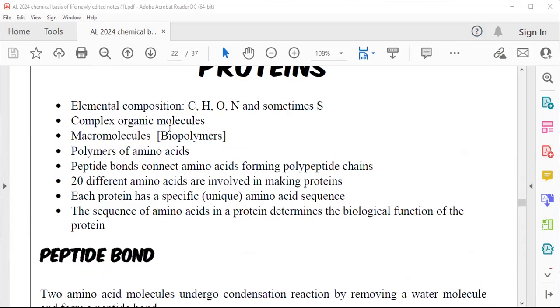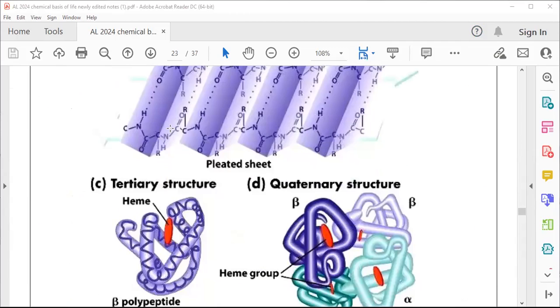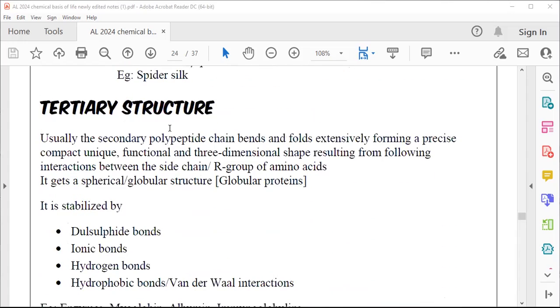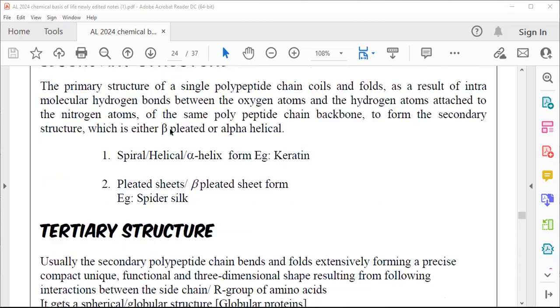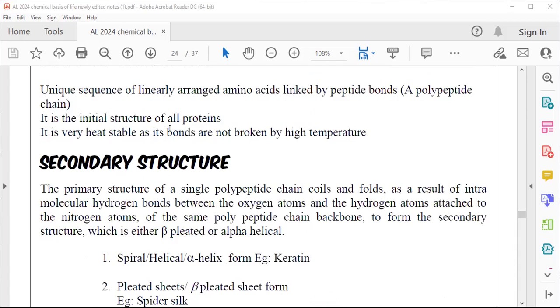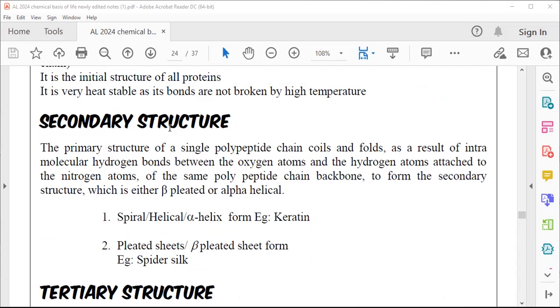We have already entered protein, correct? Primary, secondary, tertiary. Tertiary structure, did I tell you? No, sir. So I have stopped at secondary structure. Is it so? Yes, sir.